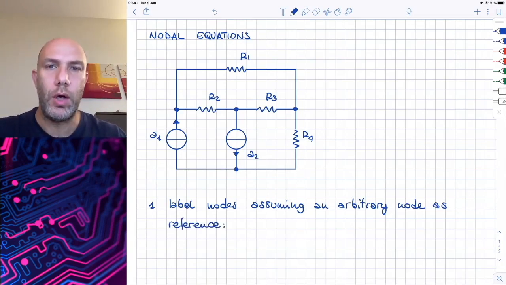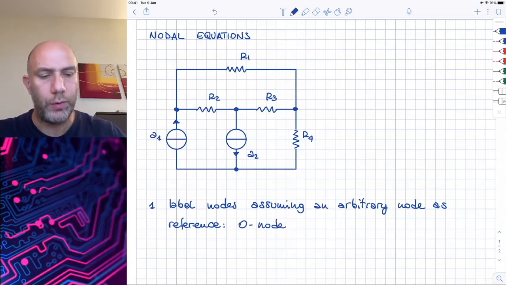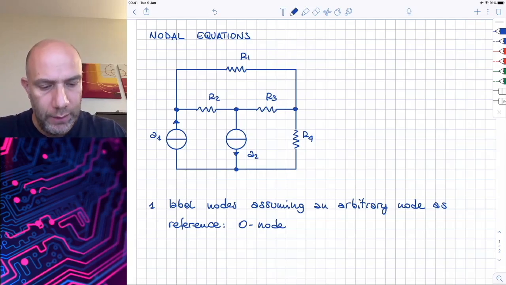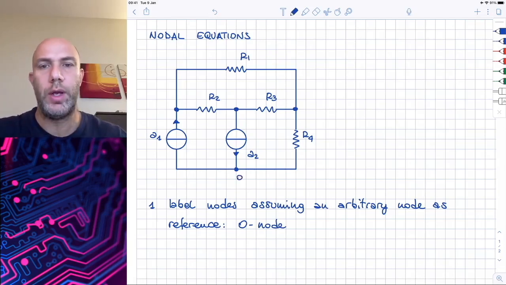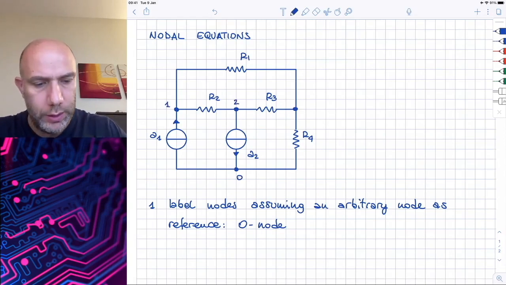We call this node the zero node. So, for example, we can assign the value 0 to the node here at the bottom, and let's call the other nodes 1, 2, and 3.